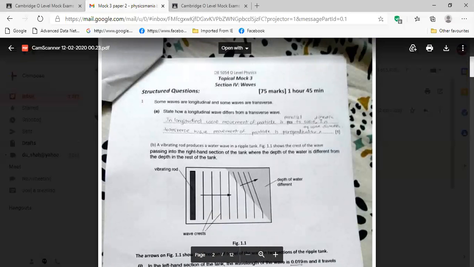State how a longitudinal wave differs from a transverse one. In a longitudinal wave, movement of particles is parallel to the wave direction. Okay, correct. Your difference is correct.